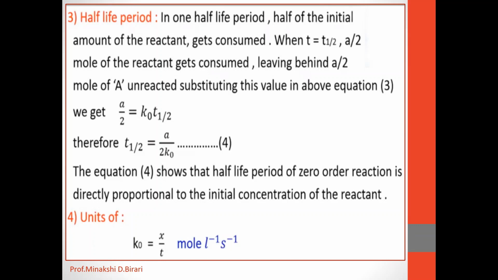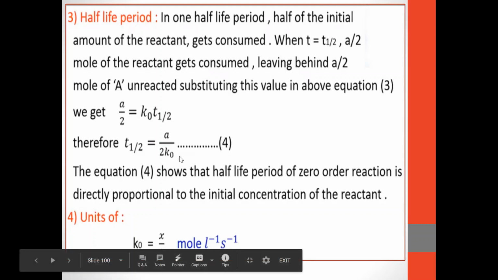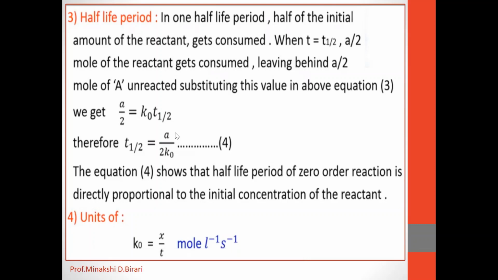Then the half-life period, which is defined as the time required to reduce the concentration of the reactant to half of its initial value, and it is denoted by the symbol T half. So we get T half is equal to A divided by twice K0, and from this equation it shows that the half-life period of a zero order reaction is directly proportional to the initial concentration of the reactant.